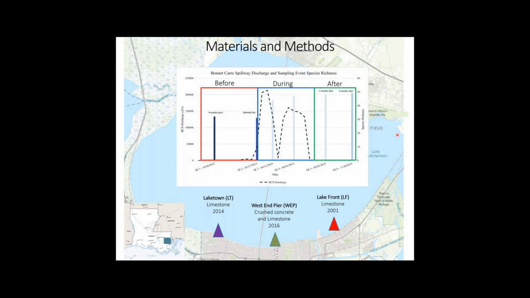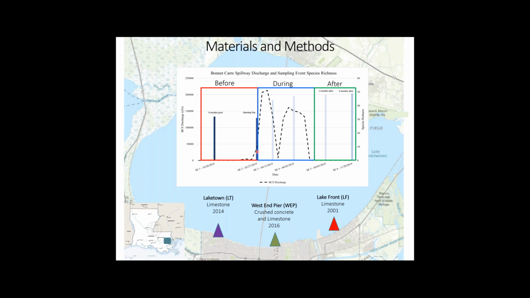In terms of when we sampled, we had one sampling event that was 4 months prior to the opening of the spillway. Then when we found they were going to open the spillway, we went out there that morning as they were opening it. So we consider that a before-open-spillway sample. The black line shows the discharge rate through the spillway. This was the first time in history that the spillway was opened, closed, and reopened in the same year.